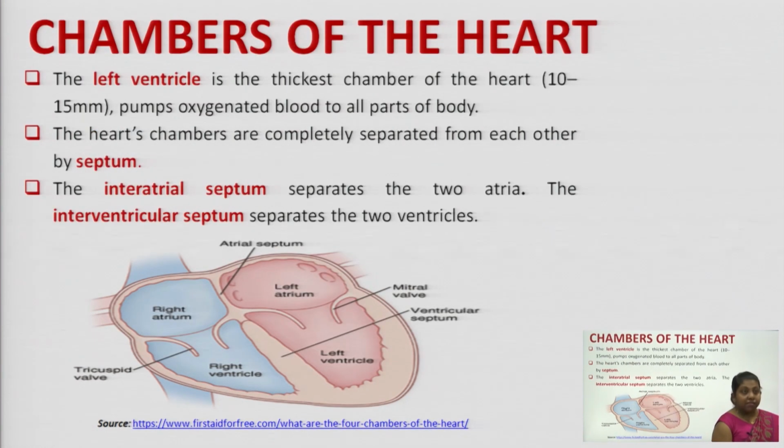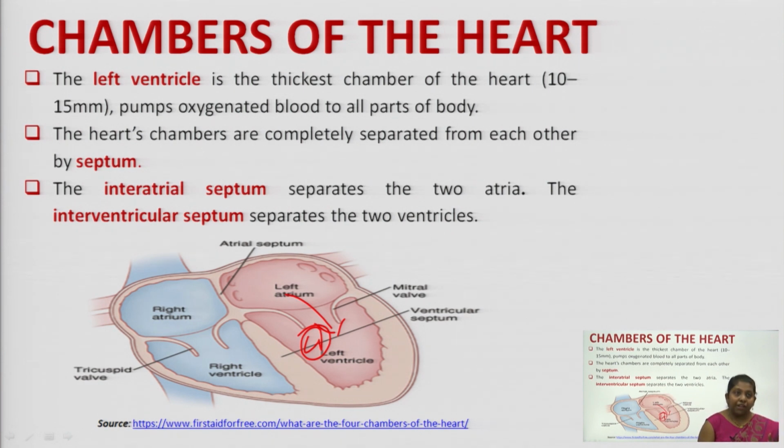Fine. And once your blood has reached the left atrium, now it has to move further, that is to the fourth section of your heart, the left ventricle. Now, the left ventricle is the thickest chamber of your heart as compared to the previous sections like right atrium, left atrium and right ventricle, which have a thickness between 3 to 5 mm.